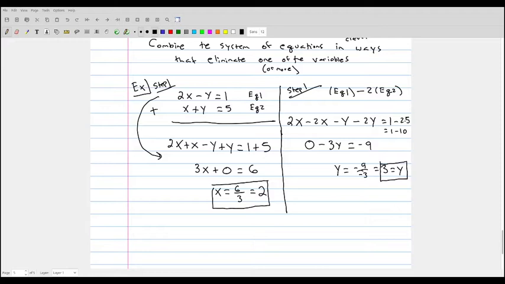But what's not always easy is generalizing it. For a 2x2 system, it's relatively straightforward to do elimination. But even for a 3x3 system, it gets a little bit tricky sometimes.